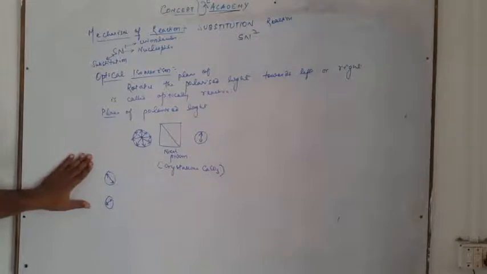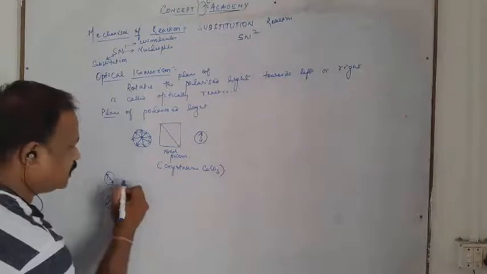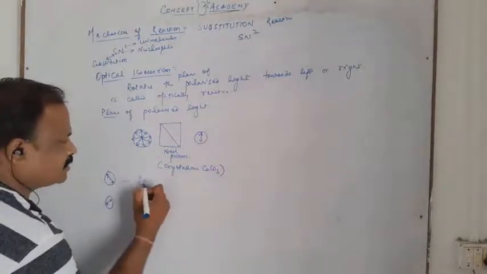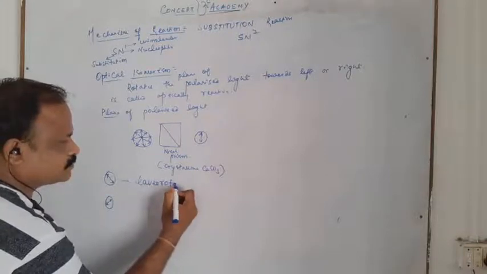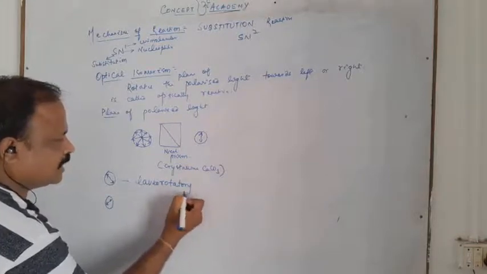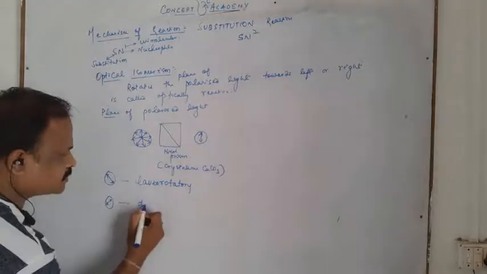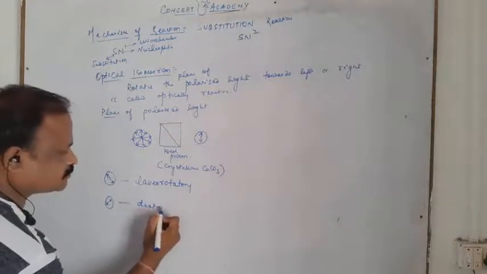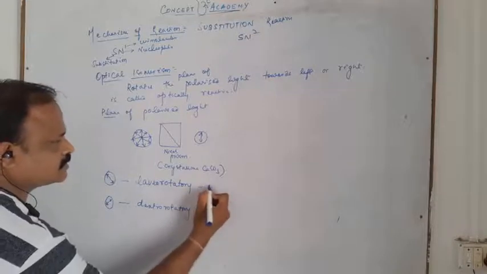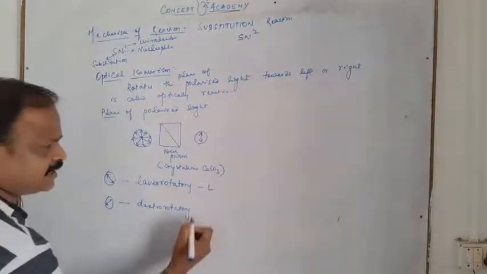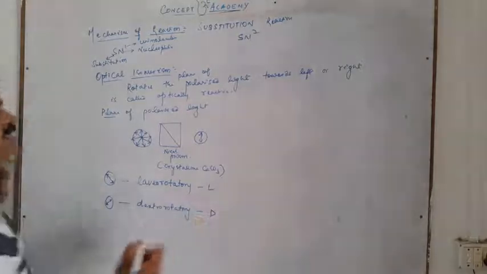If it is in the right, then it is known as dextrorotatory. If it is in the left, then this is known as levorotatory. This is often said as L and this as D.